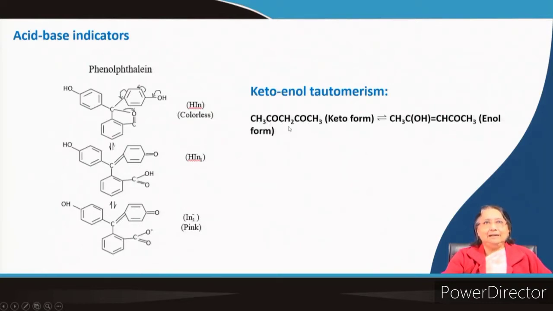And it has two ketone groups, the CO means C double bond O here, C double bond O here, and these two carbonyl groups are separated by one CH2 group, and here you can see that C double bond O has become COH, and here the double bond is formed.